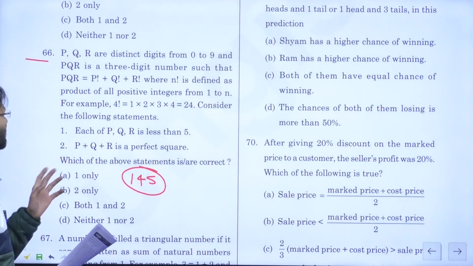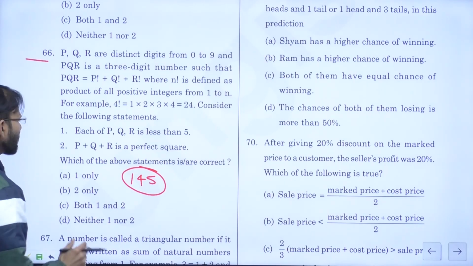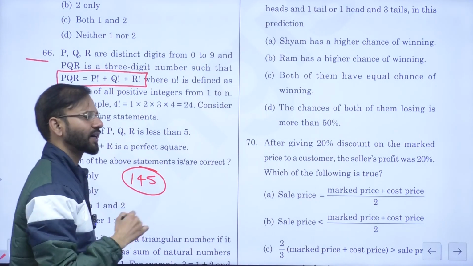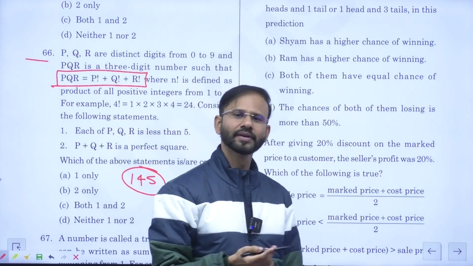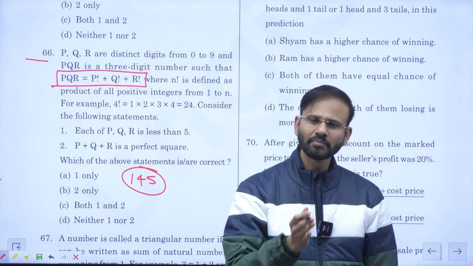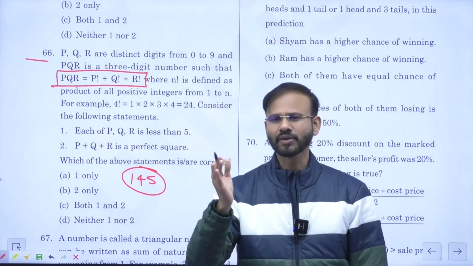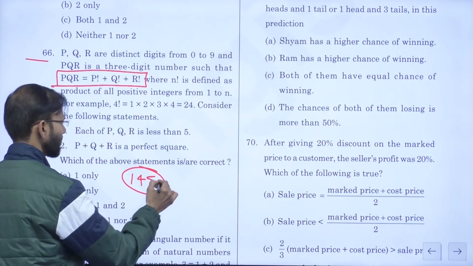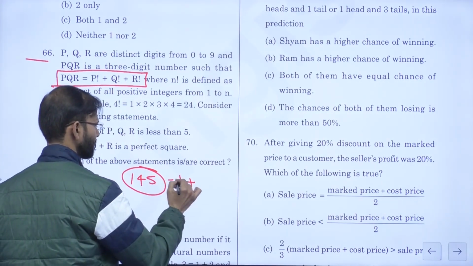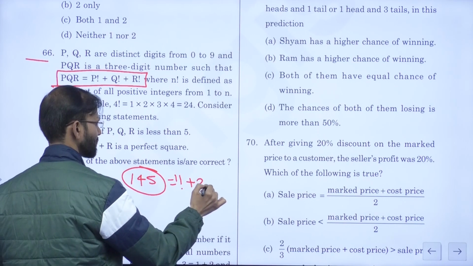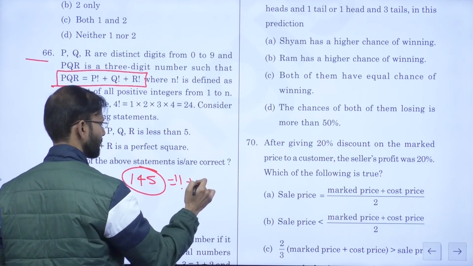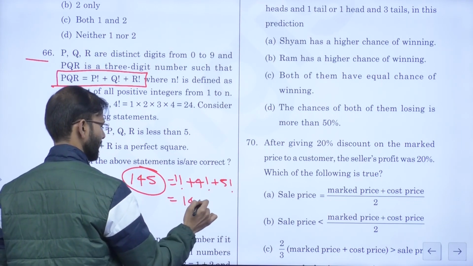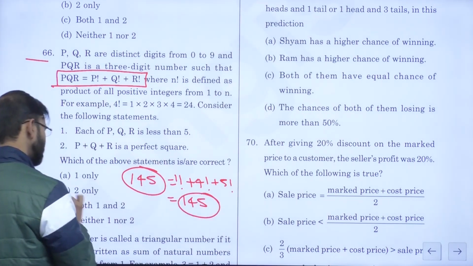PQR are distinct digits from 0 to 9, where PQR is equal to factorial P plus factorial Q plus factorial R. So 145 is the only number that satisfies factorial 1 plus factorial 4 plus factorial 5.